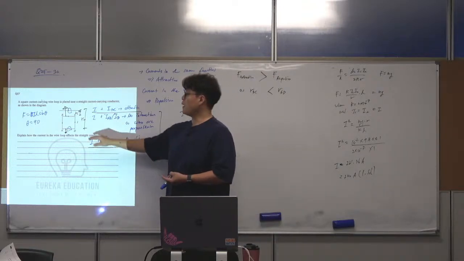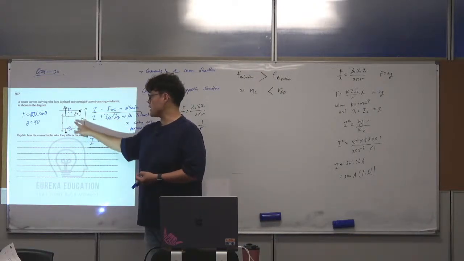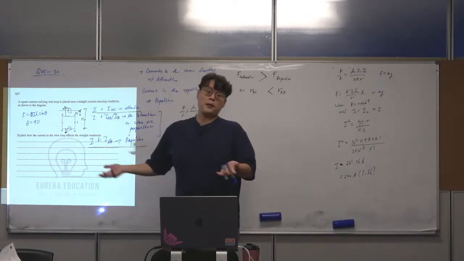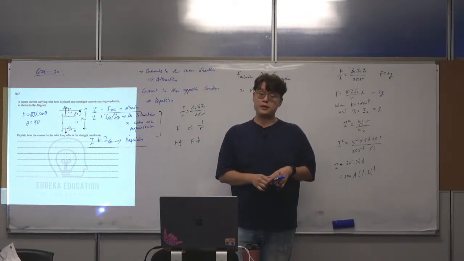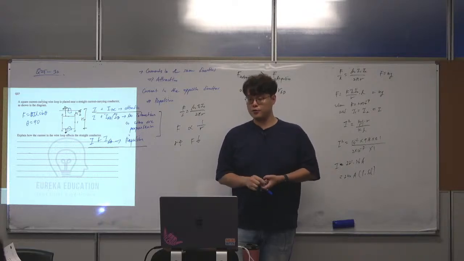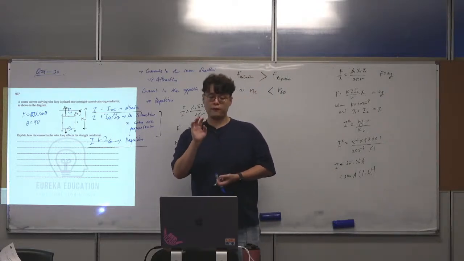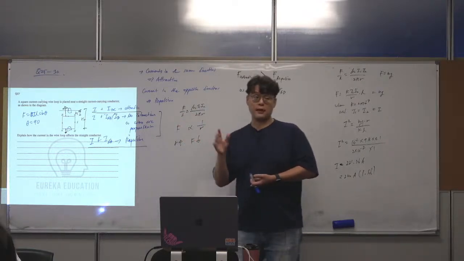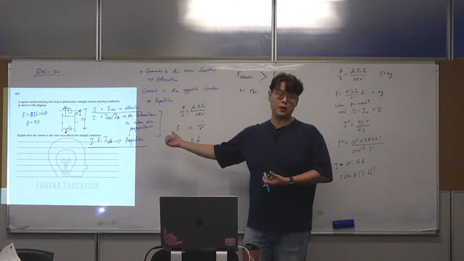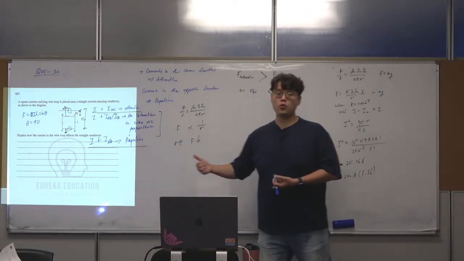Second, you can talk about why BA and CD would not be interacting. It's simply because the wires are perpendicular, which means they're not interacting at all due to the direction of the magnetic field produced from them. This is out of 4 marks, by the way. This is 2 marks: just explain the repulsive force, attractive force, and no interaction. Third, we're going to talk about which is greater.